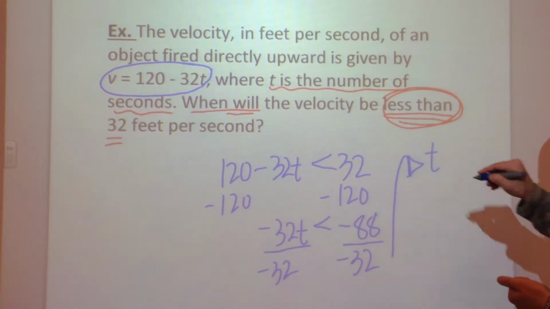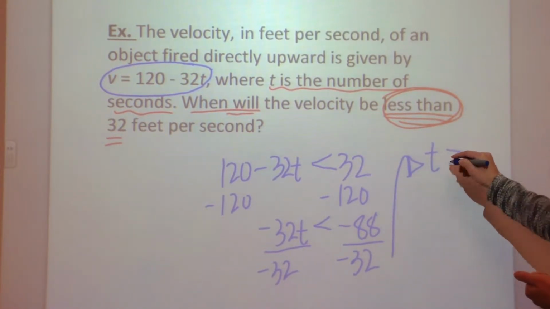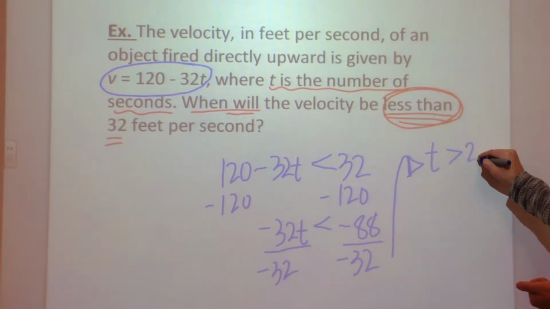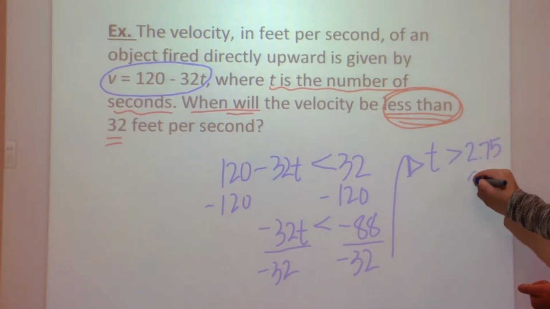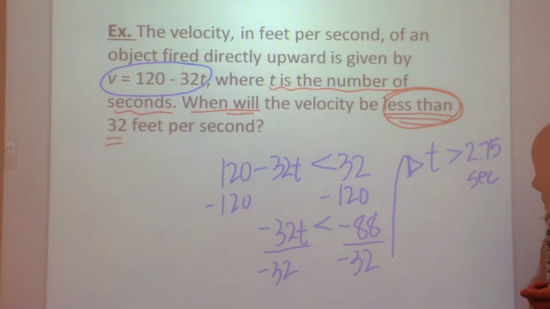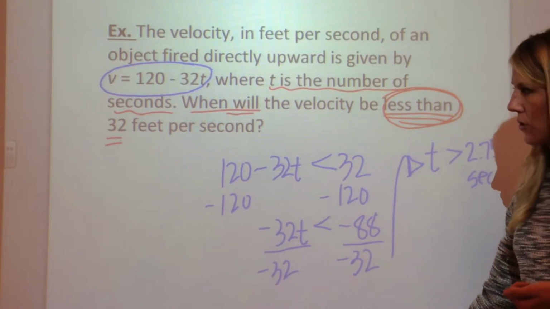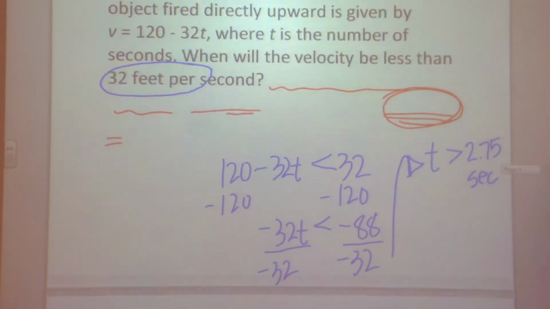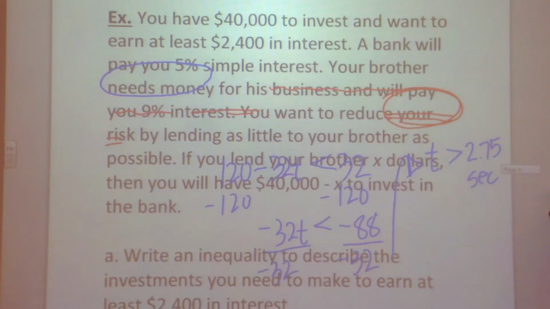So t, flip your sign, is going to be greater than, I believe it comes out to be about 2.75 seconds. So at any time after 2.75 seconds, the velocity will be less than 32 feet per second. So that's that one. Last one's a little bit more involved.